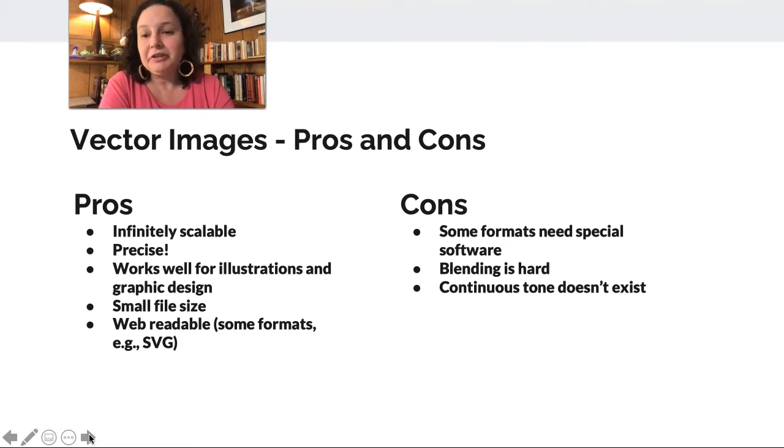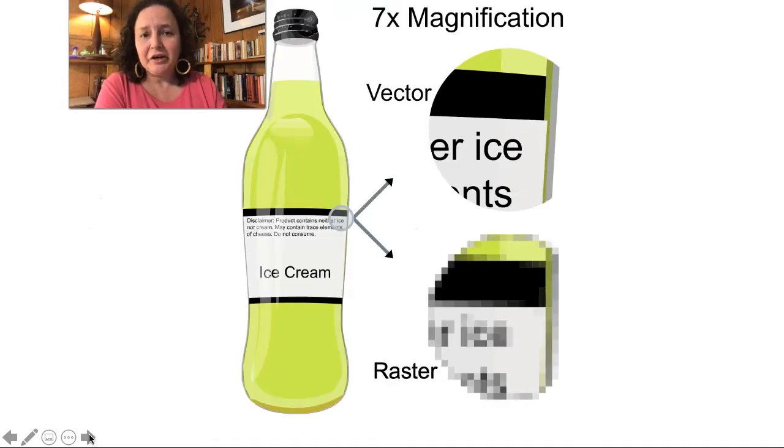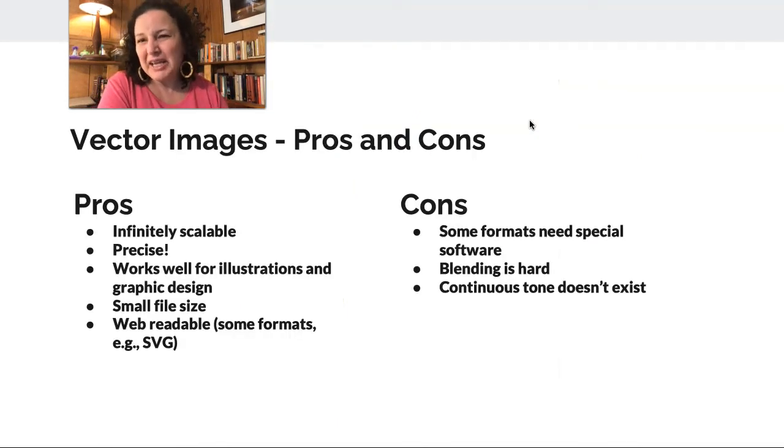It is infinitely scalable. Our example back here of the vector image made 7 times larger, you could make it 700 times larger and it would still look crisp and beautiful. That's really the main benefit of vector images. It also is precise.